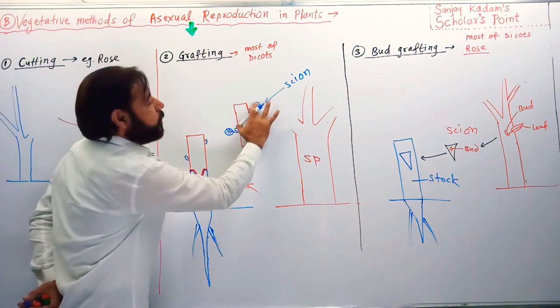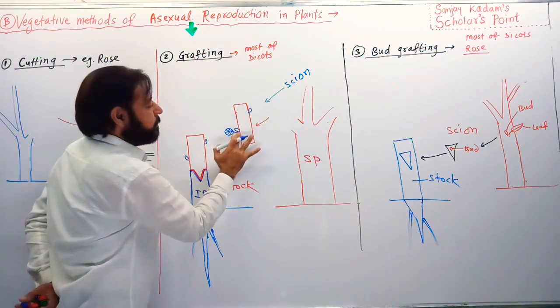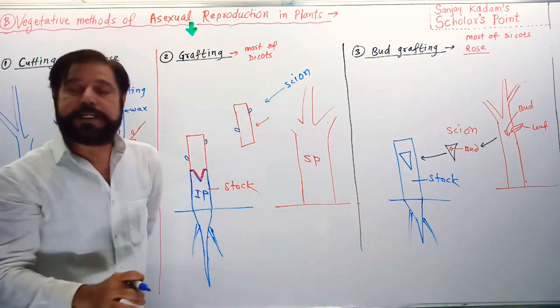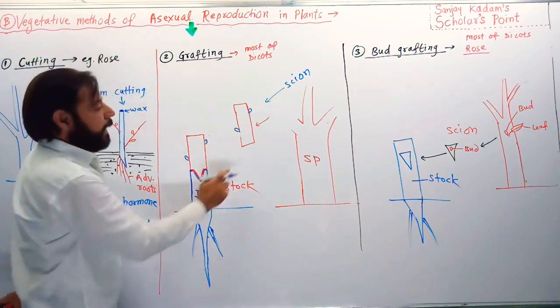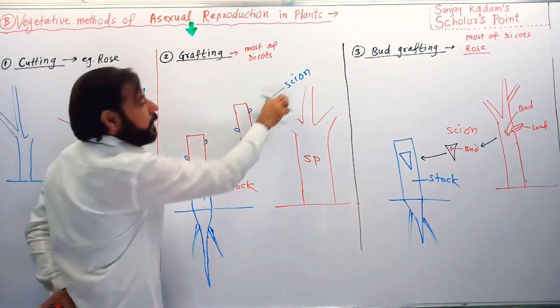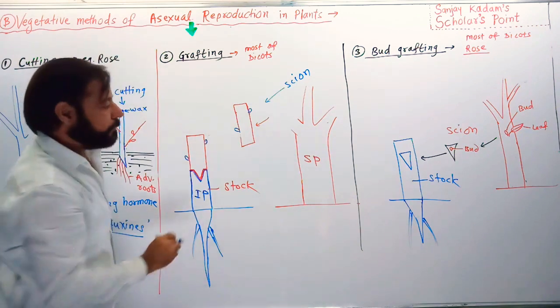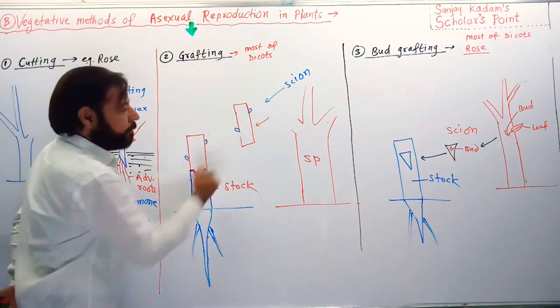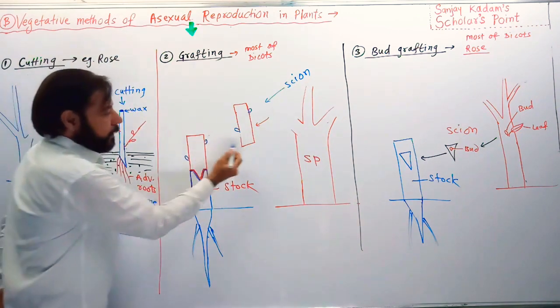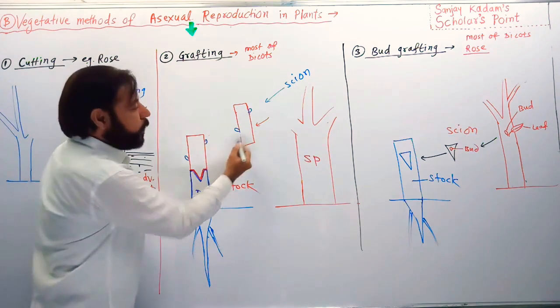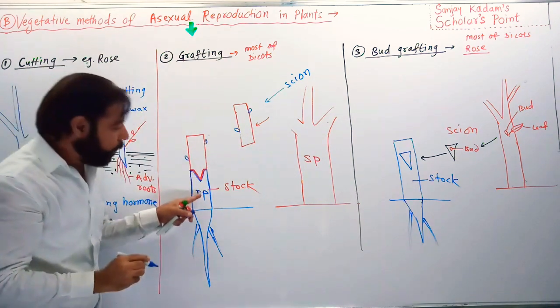Now the leaves are removed. It is called de-leafing, and the lower end of the scion is now used for grafting purpose over the stalk.